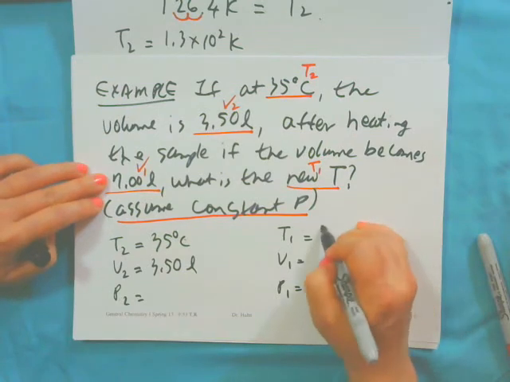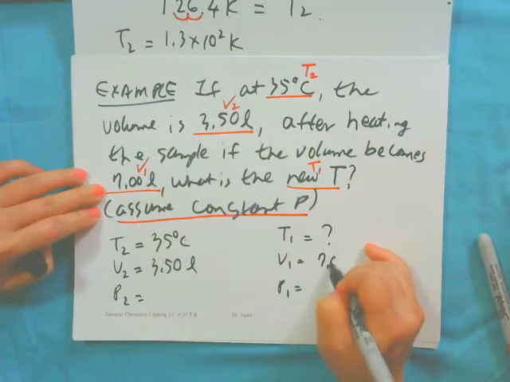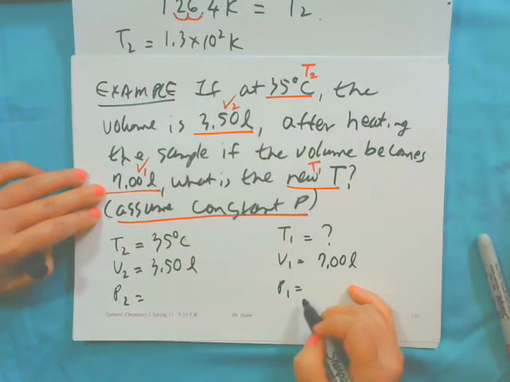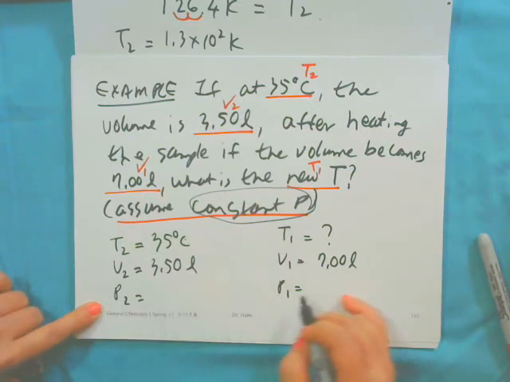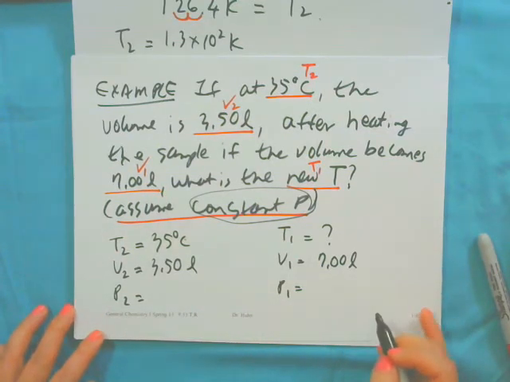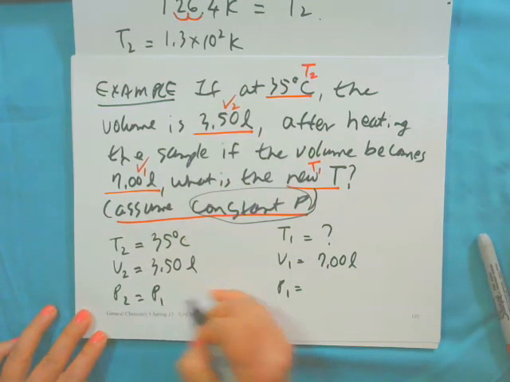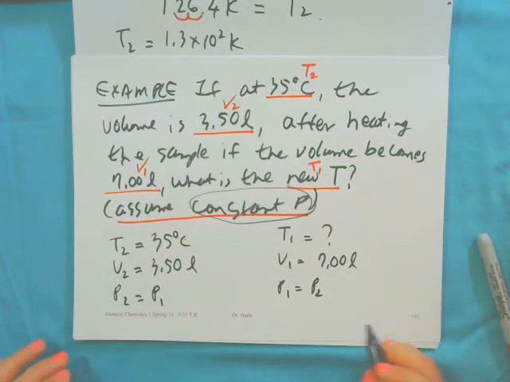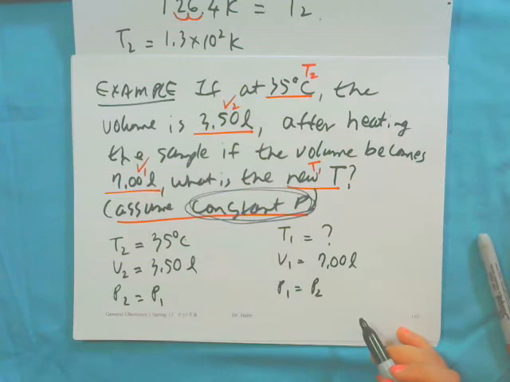Temperature 1 is question mark, we don't know what that is. Volume 1 is 7.00 liters. And pressure 1, it says at constant pressure, so that means I can either set P2 equal to P1, or P1 equal to P2. But I'm going to say that they are equal because it says at constant pressure.